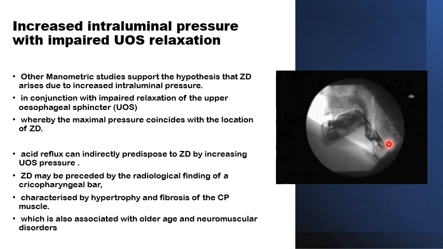This is also related to acid reflux, but can also be related to older age and neuromuscular disorders. And this would lead to impaired relaxation of the upper esophageal sphincter and high pressure causing the pulsion diverticulum.